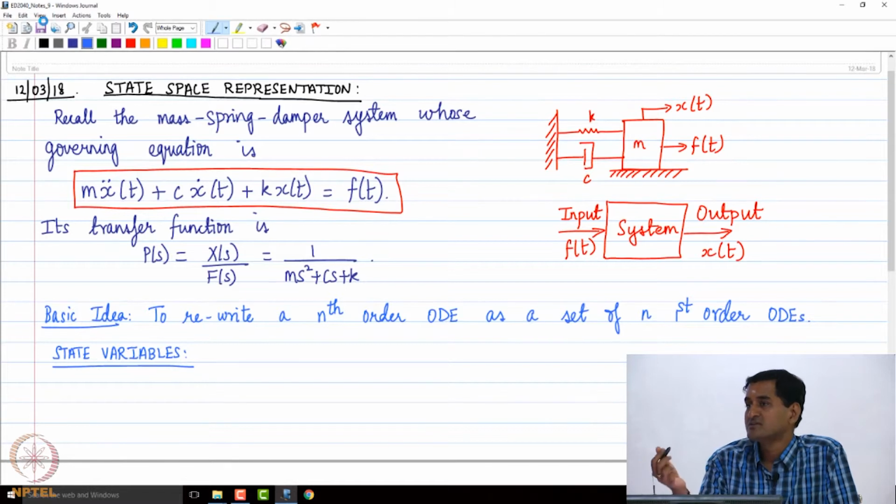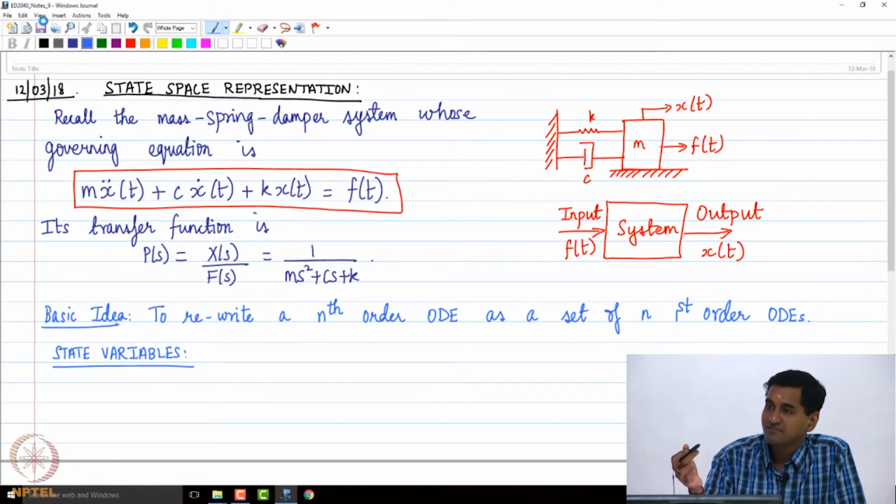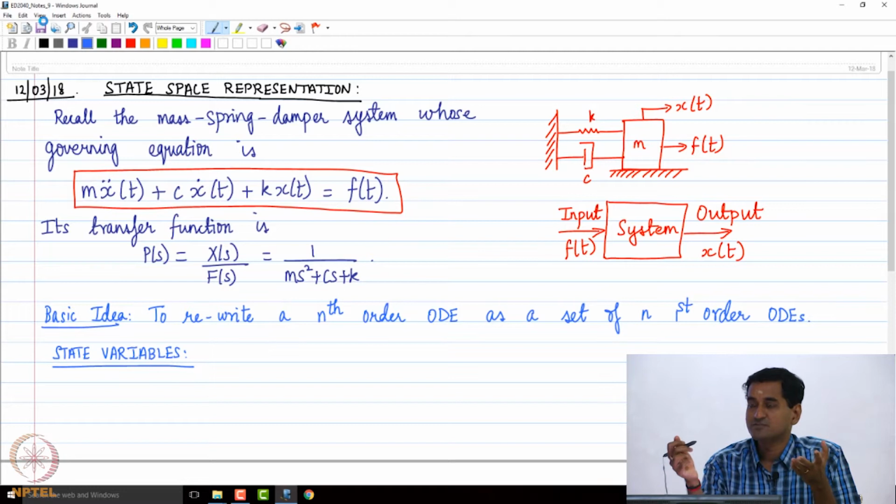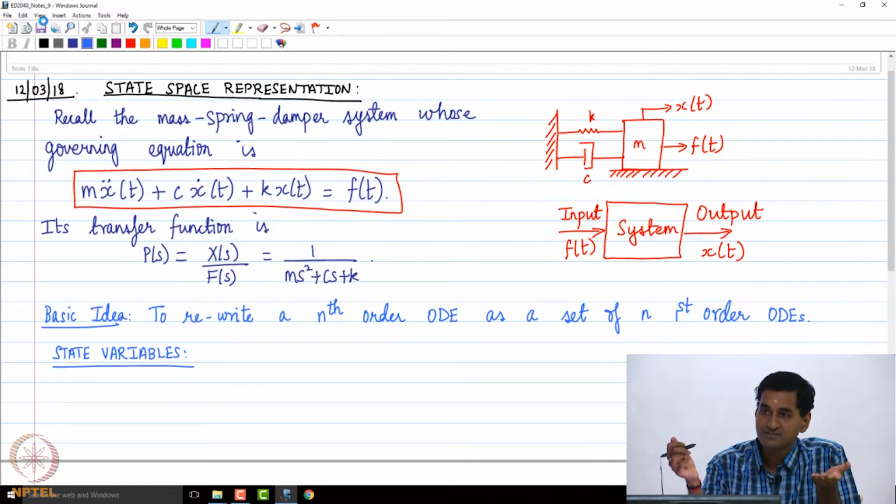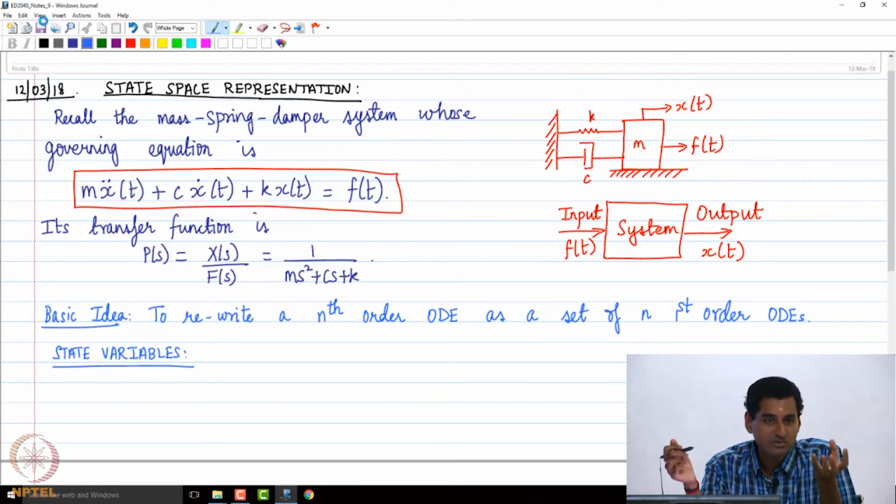Suppose someone gives me information about the displacement of the mass and the speed of the mass at each and every instant of time, I would be able to completely characterize what's happening to that mass. So in a certain sense, state variables are those variables whose knowledge at each and every instant of time can completely characterize that system. That's the notion of state variables.